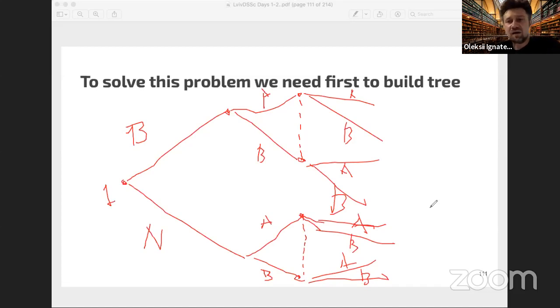But how many strategies does each player have now? Well, the first player has 1, 2, 3 information nodes, and 2 possibilities for each. So in total, 8 possible strategies.